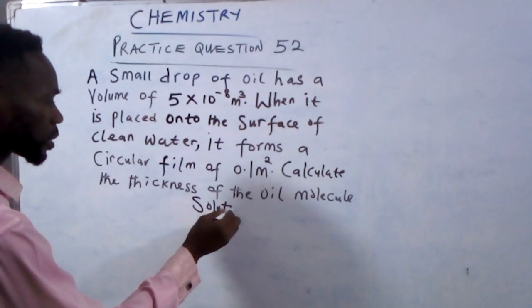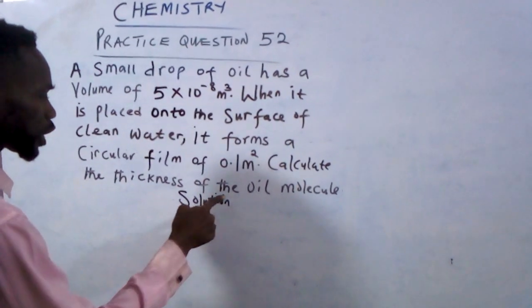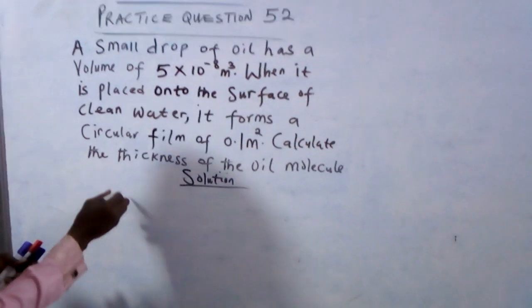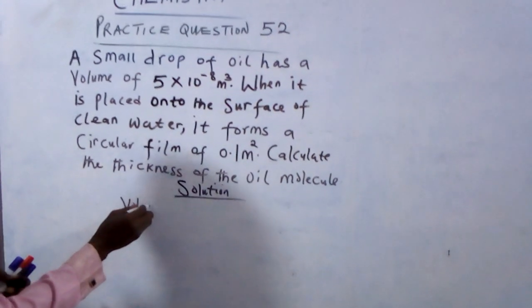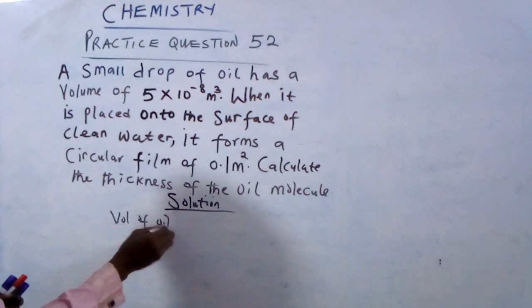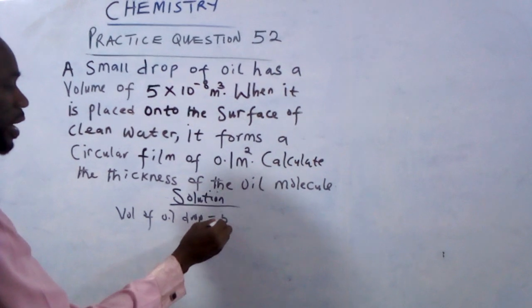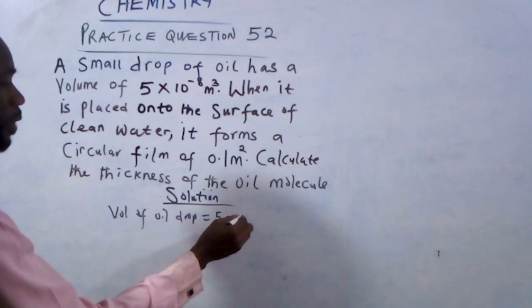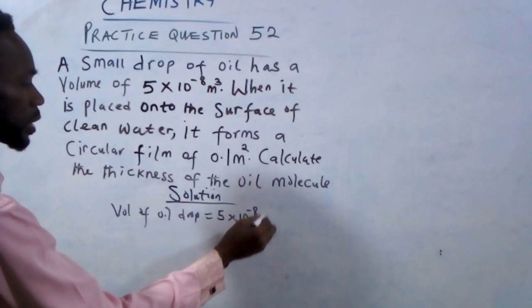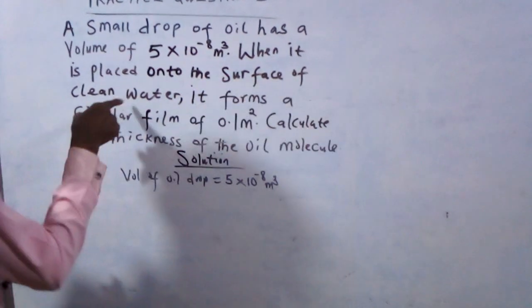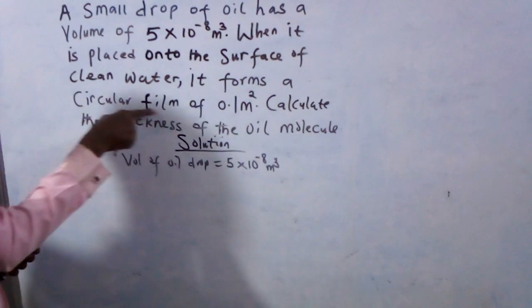Solution. The parameters given to us in the question: number one, they give us the volume of the oil drop, which is 5 times 10 raised to the power minus 8 meter cube. And number two, they give us that onto the surface of clean water, it forms a circular film.